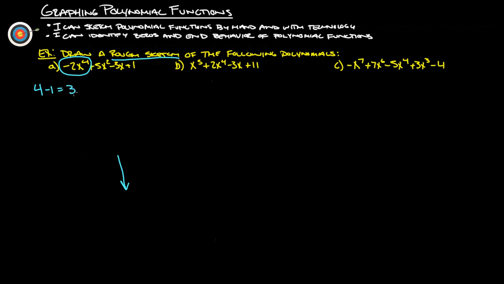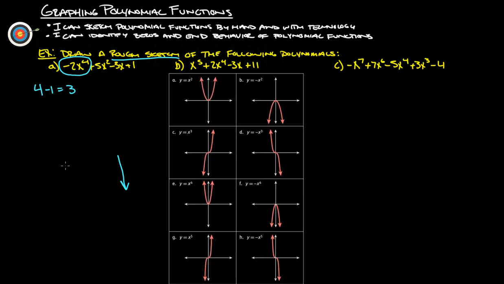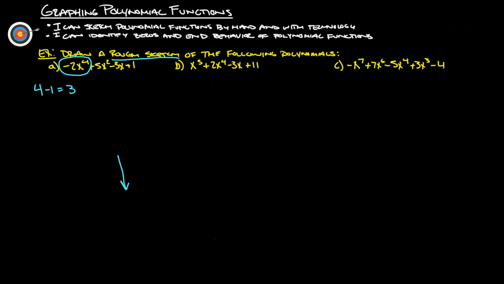This thing should turn 3 different times, unless it's a perfect x to the fourth or whatever. Like this is a perfect x cubed, it just goes right through. There's an x to the fourth, it just goes right through. If it's not perfect like that, then it'll actually have 3 turns.